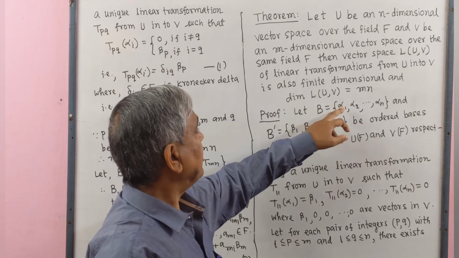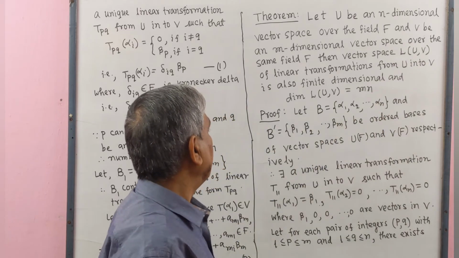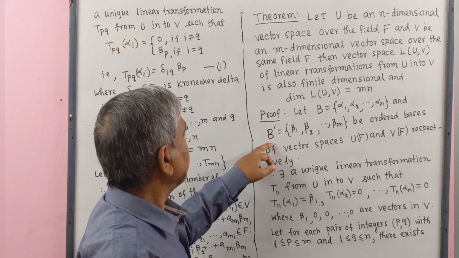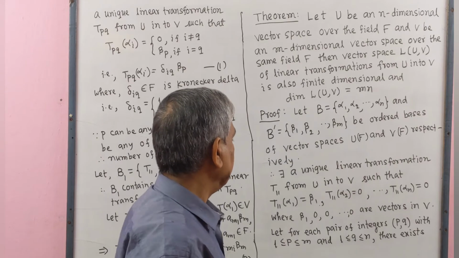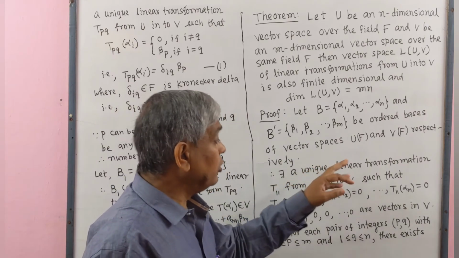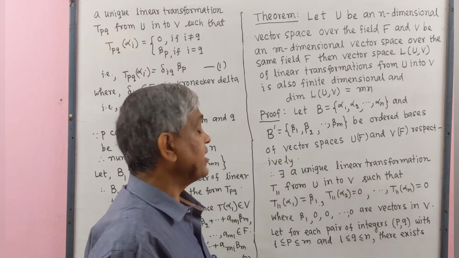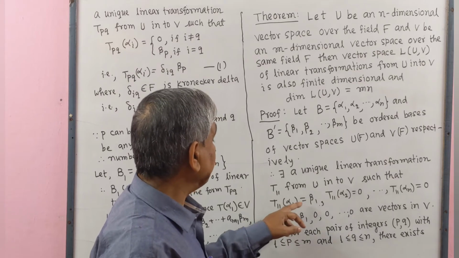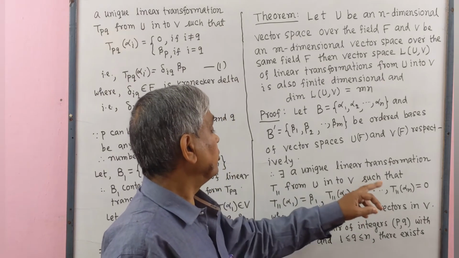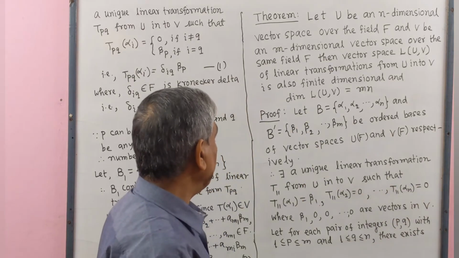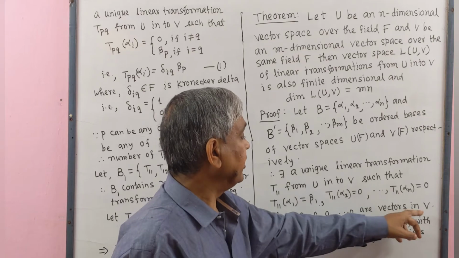B contains vectors alpha 1, alpha 2, dot dot dot alpha n of vector space U, and B prime contains vectors beta 1, beta 2, dot dot dot beta m of vector space V. Therefore, there exists a unique linear transformation T11 from U into V such that T11 alpha 1 equal to beta 1, T11 alpha 2 equal to 0, dot dot dot T11 alpha n equal to 0, where beta 1 and 0 are vectors in vector space V.